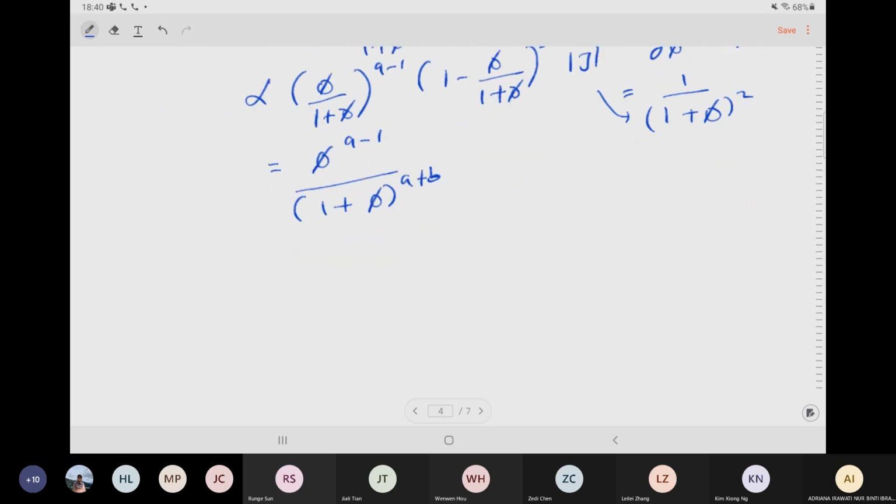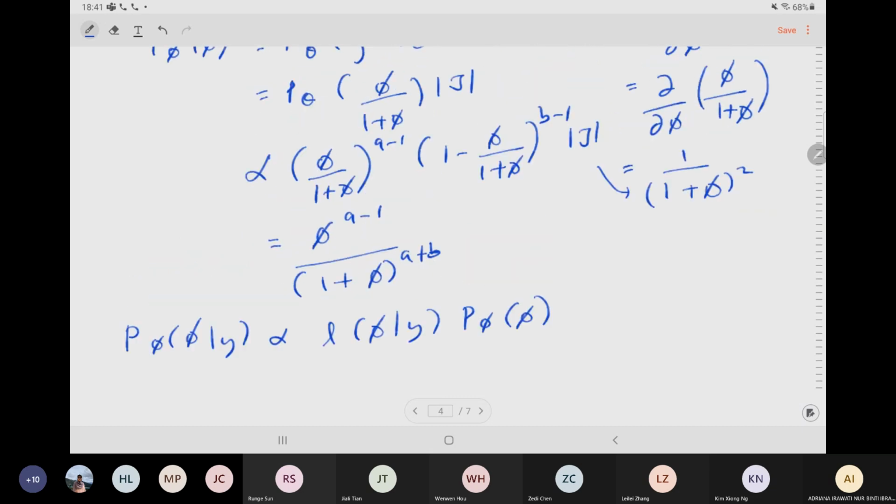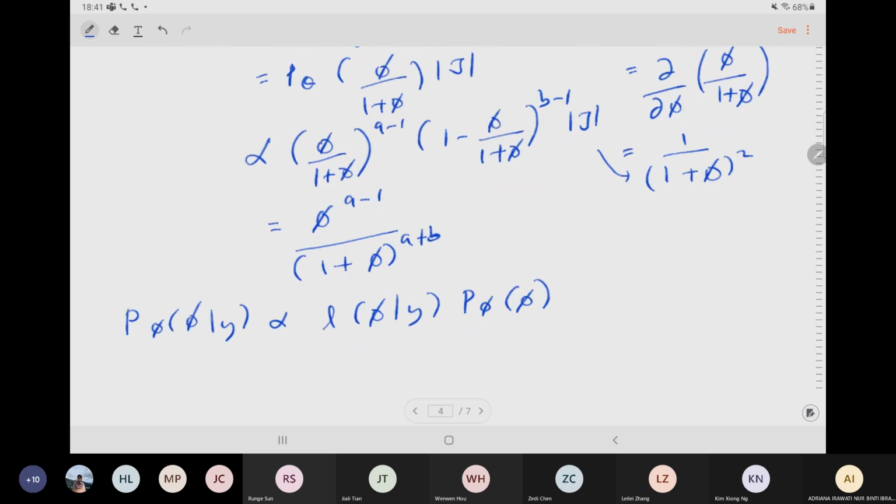If I were to find the posterior, I have my likelihood times my prior. This one at the top is my prior.